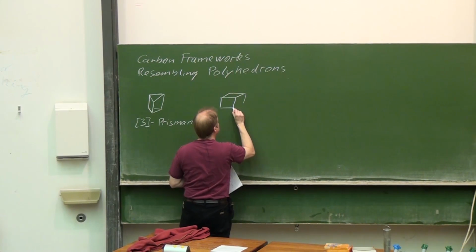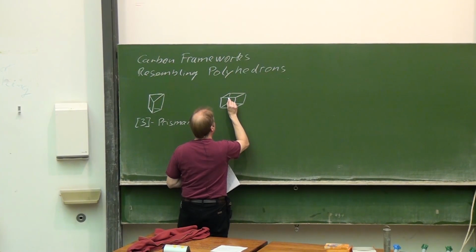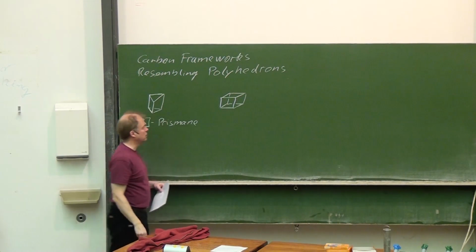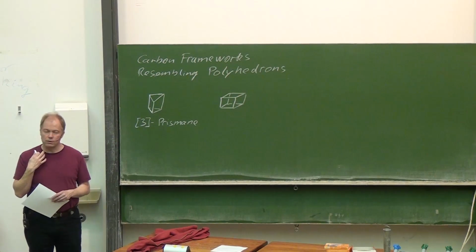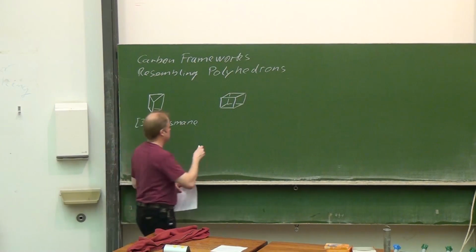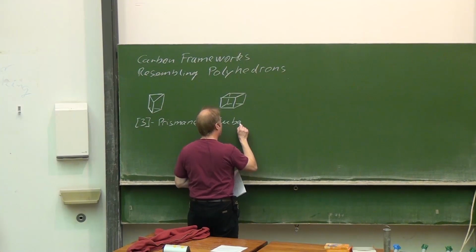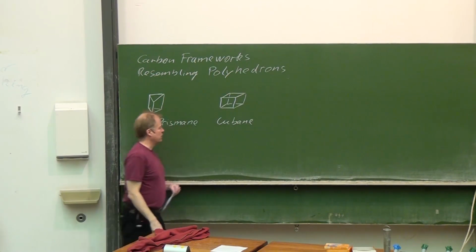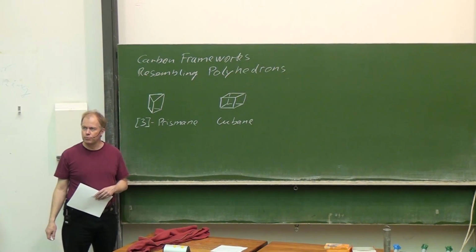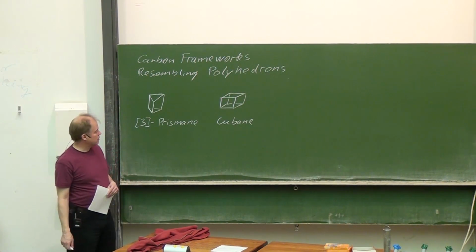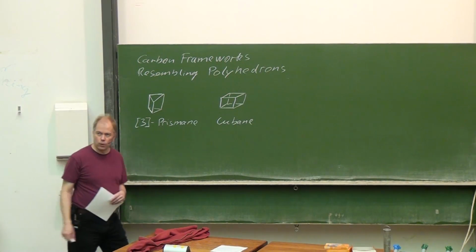Closely related is this structure, a cube, and this cube, well, straightforward name of that hydrocarbon would be cubane, but nevertheless it is also a prismane, the 4-prismane.